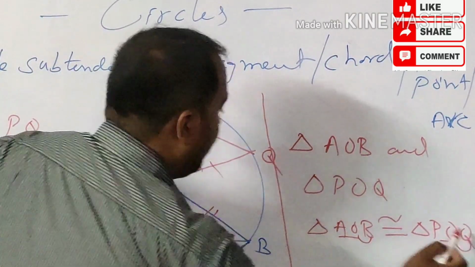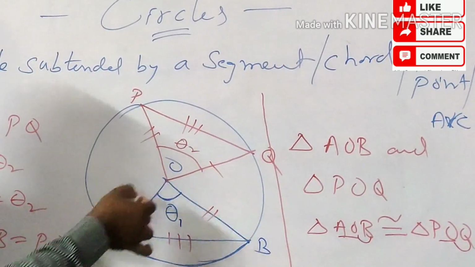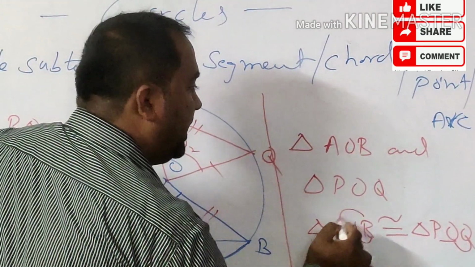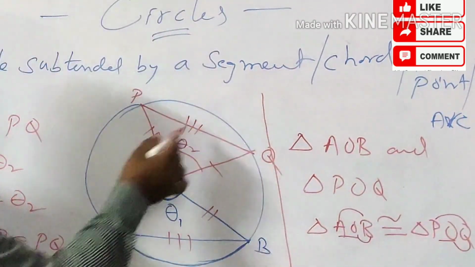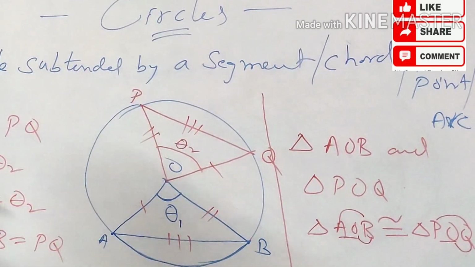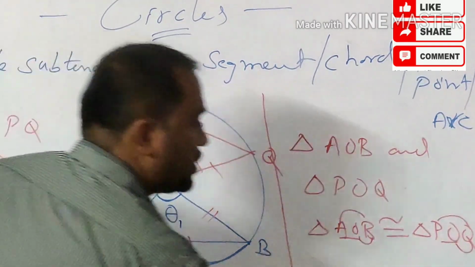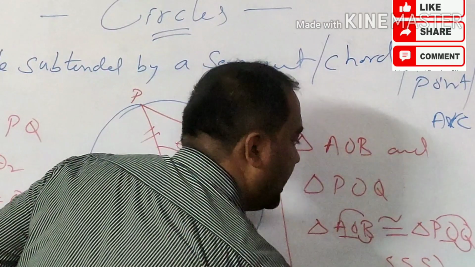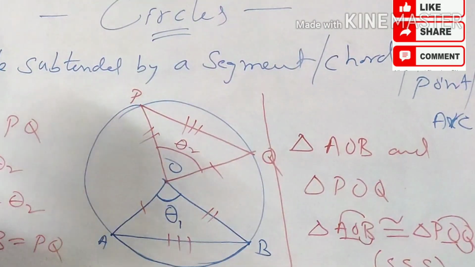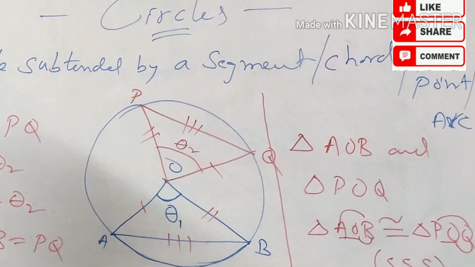OB and OQ are also equal, again two radii of the same circle. And AB is equal to PQ because the chords are equal. So using the SSS theorem, we can tell that these two triangles are congruent. These kinds of questions can be framed in a competitive exam.